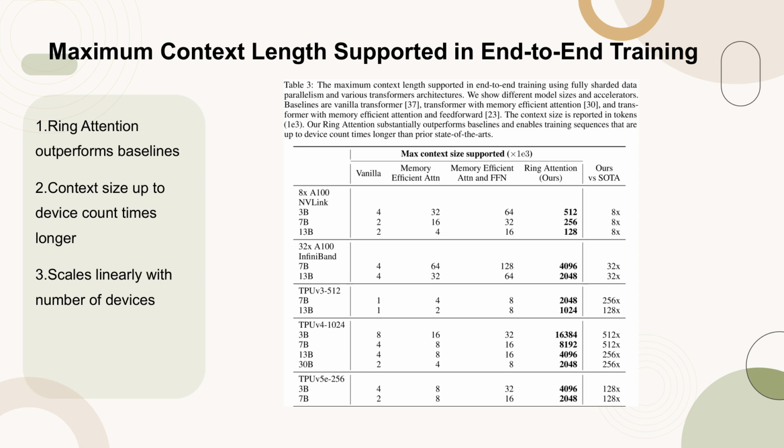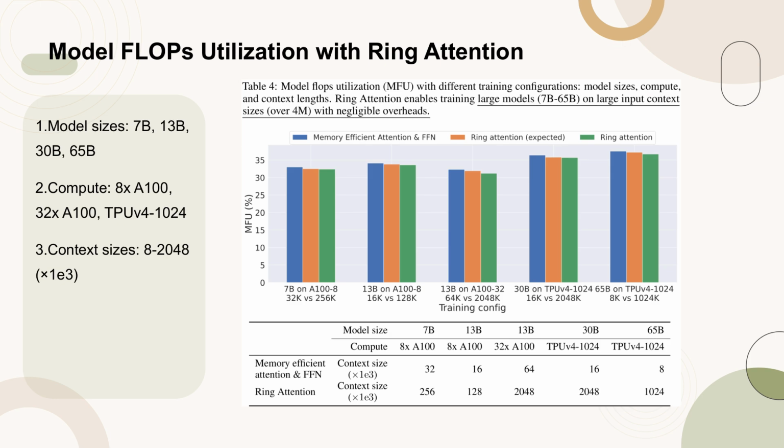This demonstrates the superior scalability of ring attention across diverse hardware setups, with improvements scaling linearly with the number of devices. Table 4 illustrates the model flops utilization, MFU, across various training configurations, including different model sizes, compute resources, and context lengths. The table highlights that ring attention facilitates the training of large models ranging from 7B to 65B on extensive input context sizes exceeding 4 million tokens with minimal overhead.